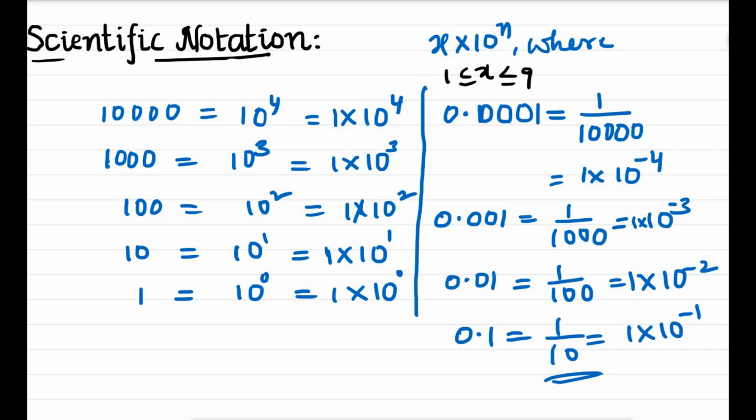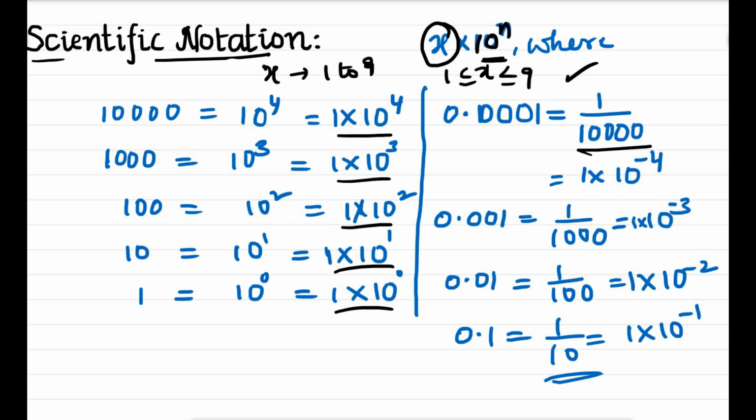So the x value lies between 1 and 9 only, and the remaining part of the number we should convert in the form of powers of 10. This is what scientific form is. Using these hints, you can write numbers in scientific form.